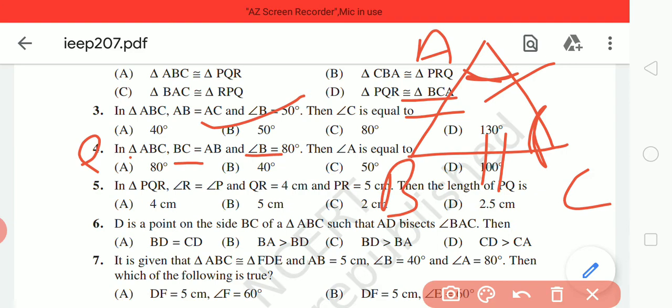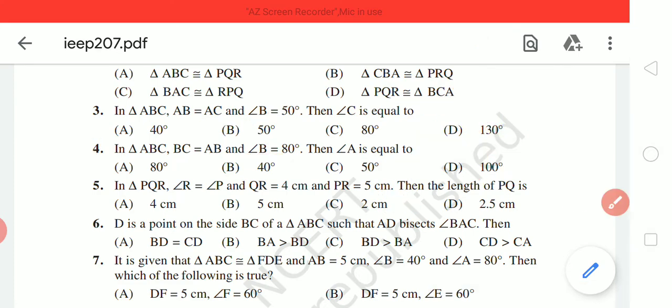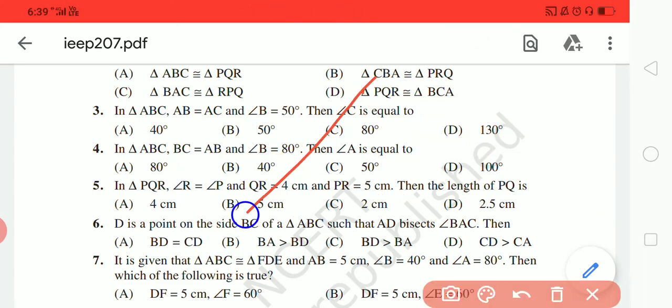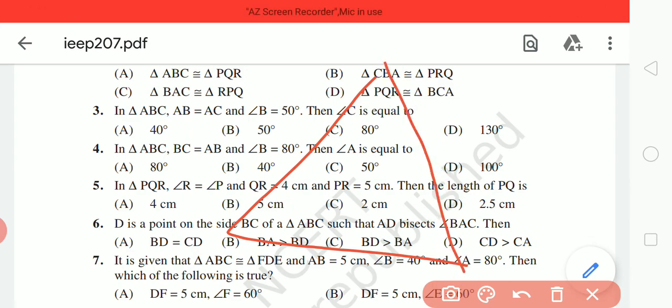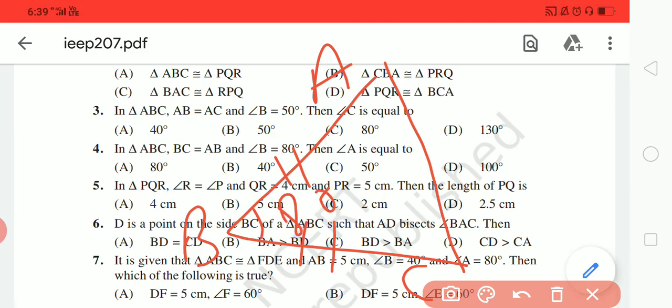Let me form it again. This is your triangle A, B and C. We have given BC equal to AB, and angle B is 80 degrees.